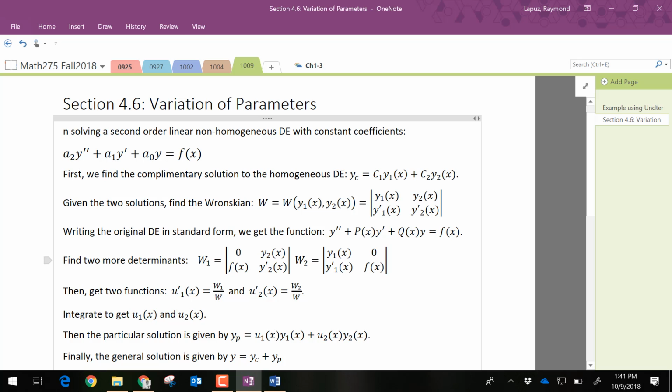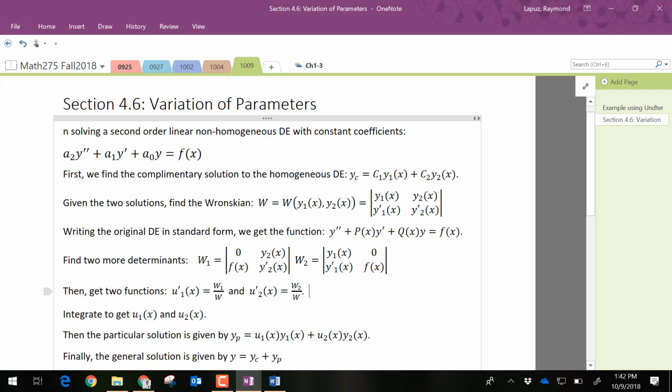The W sub 1 will have the same second column as your Wronskian, but the first column will change. And W sub 2 will have the same first column, but the second column will change. And then we're going to find a couple of functions, u sub 1 prime and u sub 2 prime.